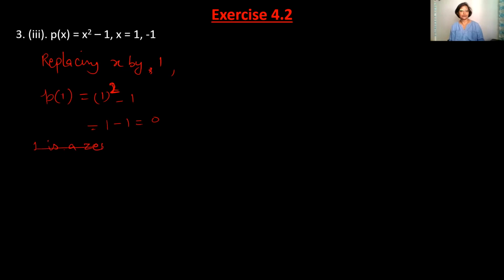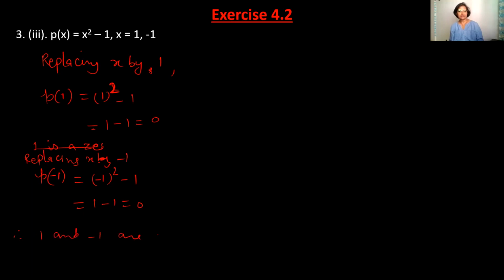We will write this at the end for both after checking both. Now we are replacing x by minus 1. So P(minus 1) equals minus 1 whole square minus 1. It will become 1 minus 1. This is also 0. So now we can write, therefore 1 and minus 1 are zeros of the polynomial x square minus 1, or you can write polynomial P(x). Both are correct.